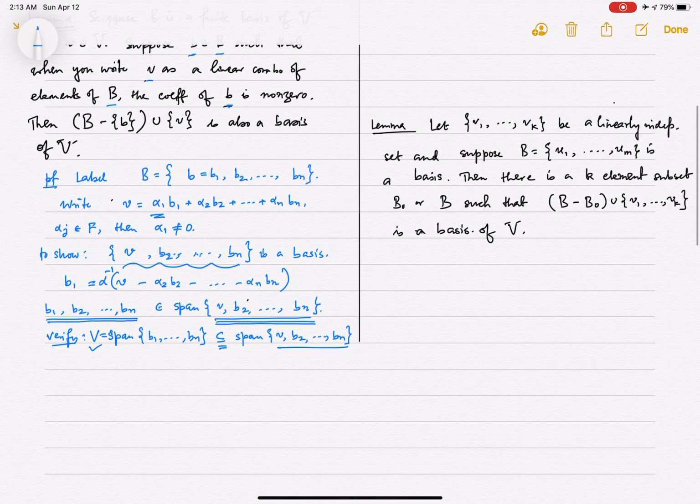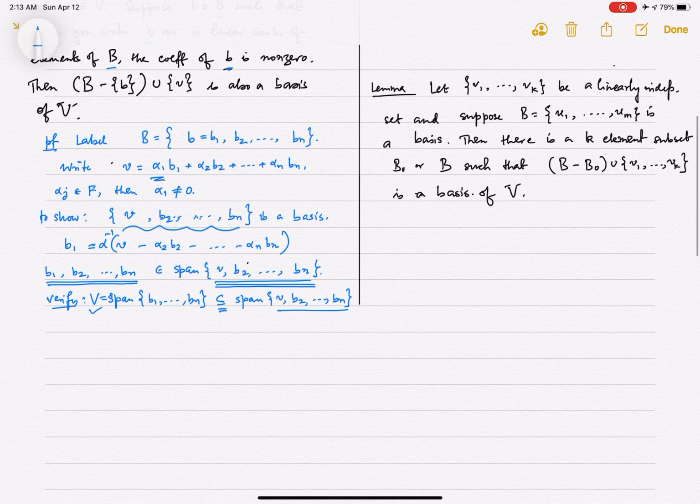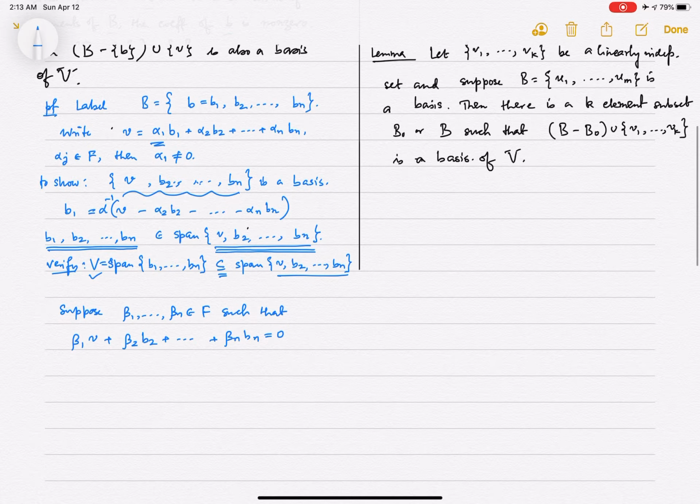That's all right. Now we have to check that they're linearly independent. How do I see that something is linearly independent? I pretend, so suppose we take some scalars such that beta 1 V plus beta 2 B2 plus ... plus beta n Bn, this combination is 0.